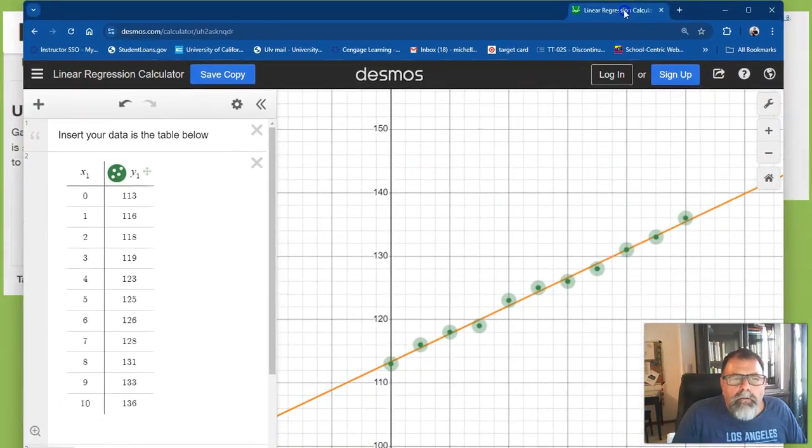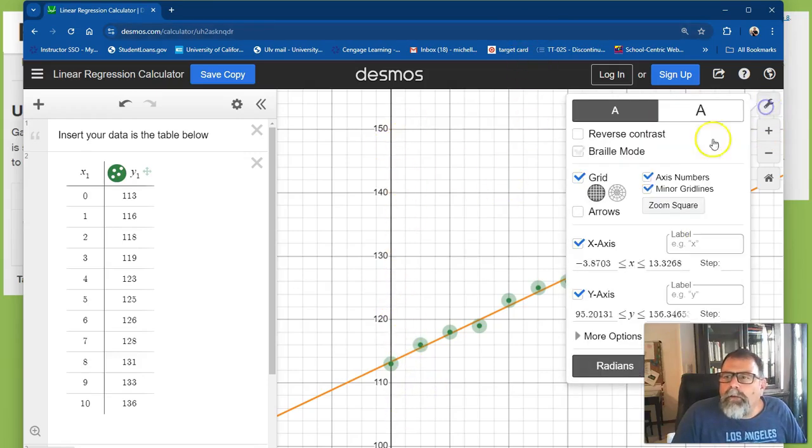Okay, so I put in all the points, and if you change the viewing window here for your X and Y axis, you can change it or zoom in, then you could see.